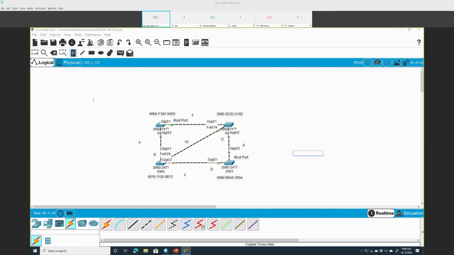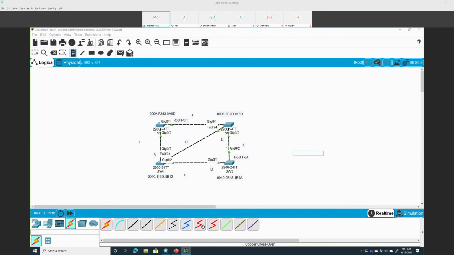Now, if I replace this link, the gigabit, with fast Ethernet, then the outcome is going to change. You follow? Since this is a gigabit, this is gigabit, this is gigabit, and this is gigabit, the outcome is not going to change.